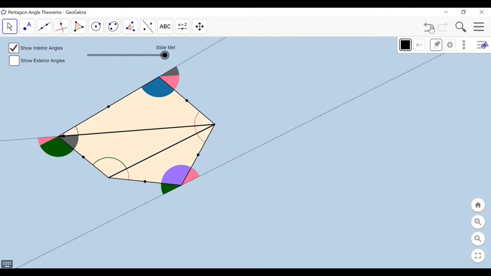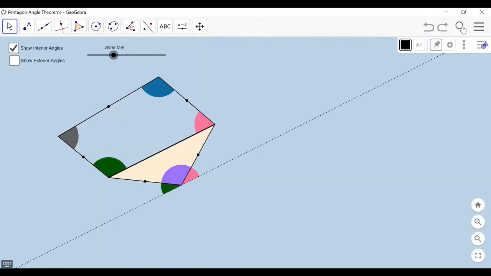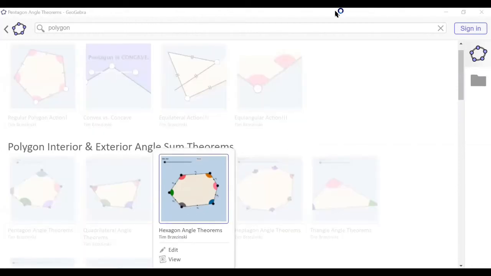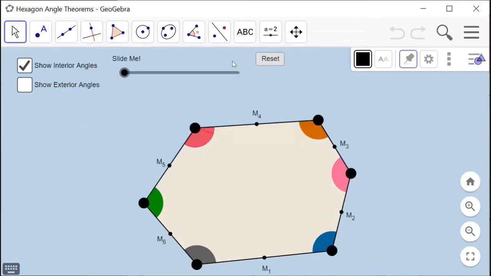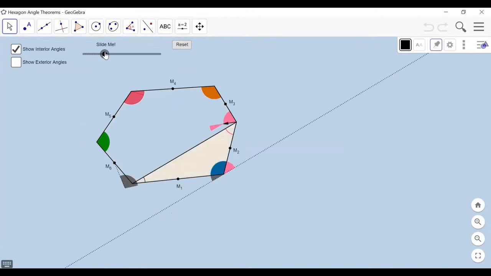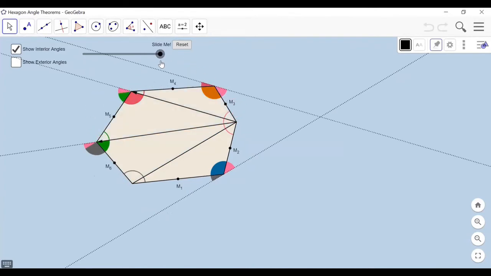Let's check another one. Let's go to hexagon. Let's see the hexagon here. Same also. If I move like that, one triangle will be formed, right? The second one, third one, fourth one.